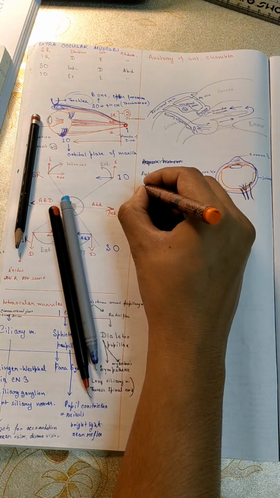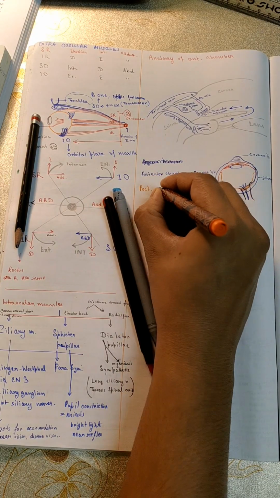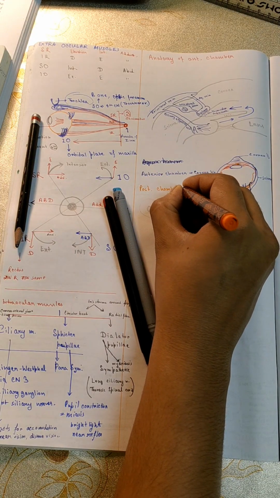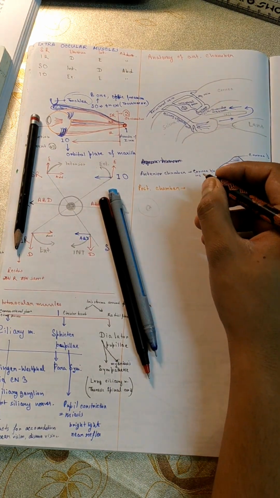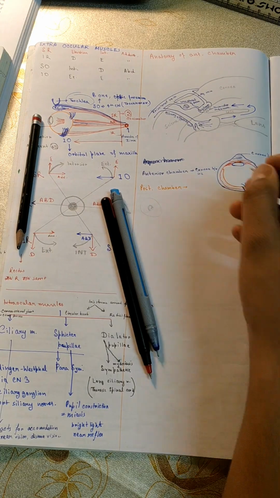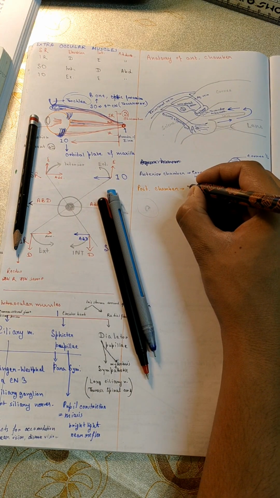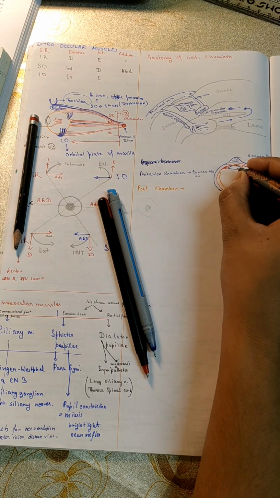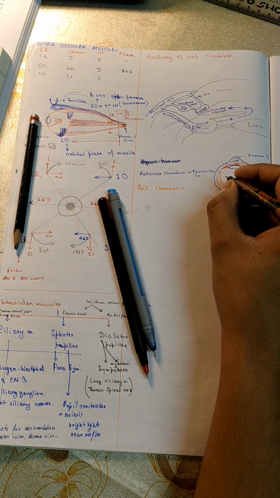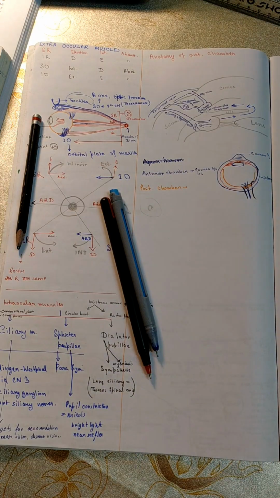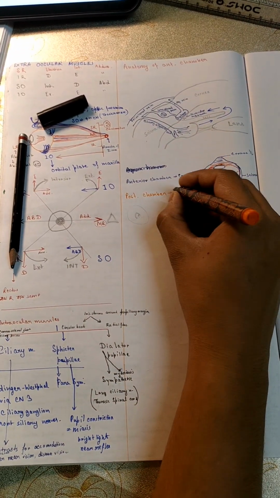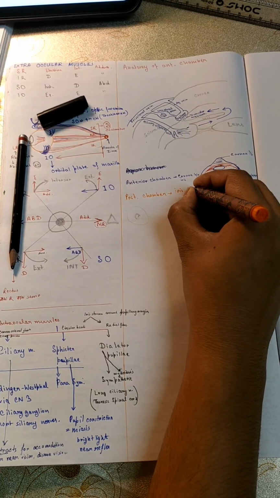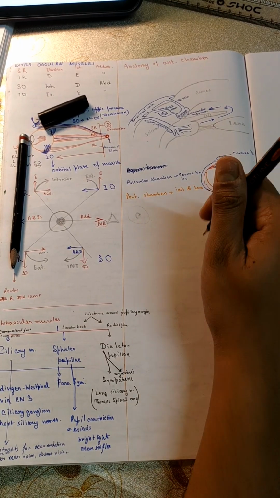This red, the posterior chamber is between, obviously, lens and iris. So what is the posterior chamber? It is this part, that is between iris and lens, right?